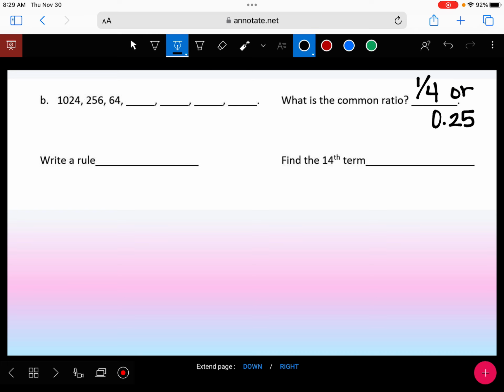So you can either write that as 1/4, or you can write it as 0.25. So now that you know your ratio, go ahead and find the next 4 numbers.